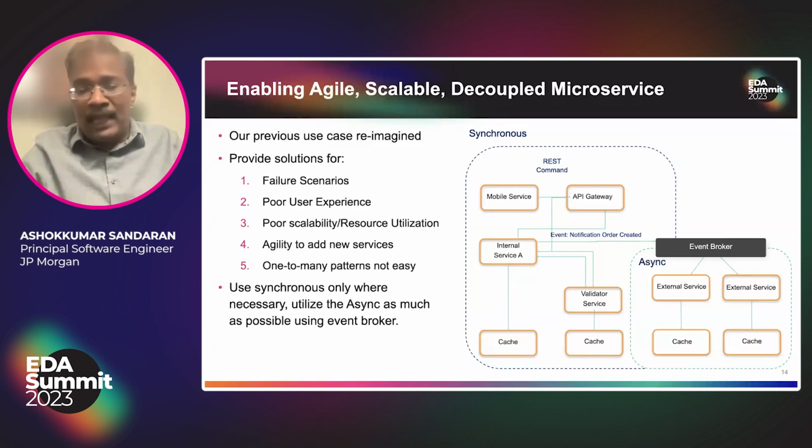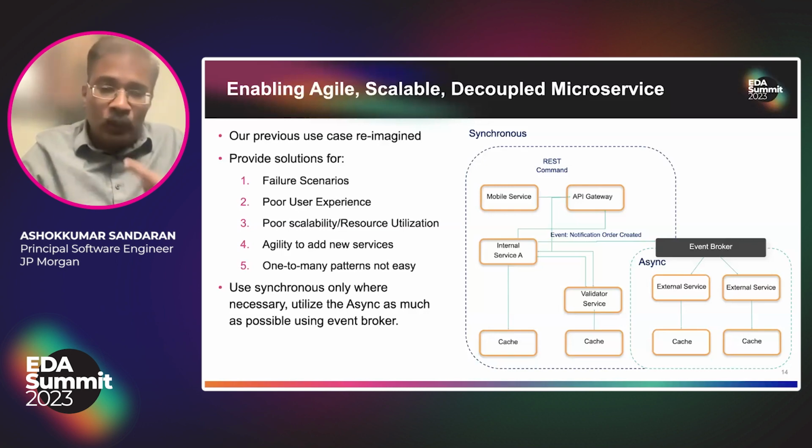And the event broker takes it and acknowledges to the validation service, saying, hey, your order has been accepted for further processing. Then we use the state machines and communicate back from the event broker to our UI in real-time streaming as the state changes downstream.